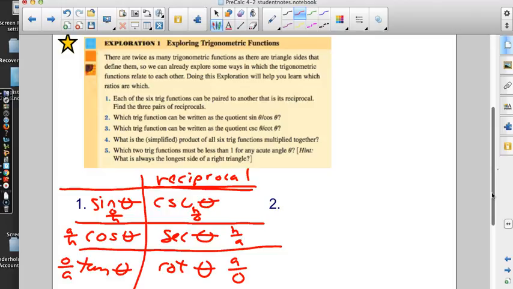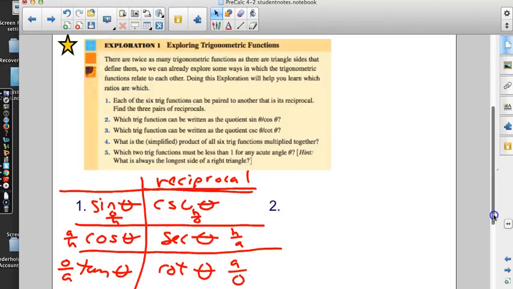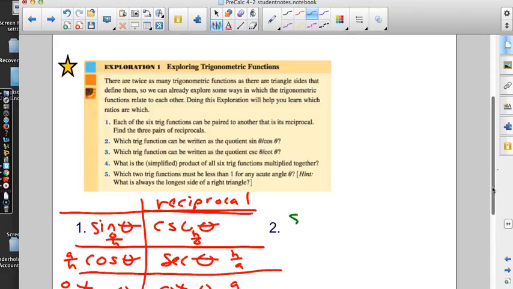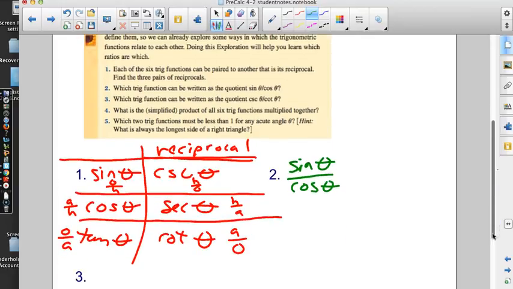Number 2 says, which trig function can be written as the quotient of sine of theta over cosine of theta? Well, that doesn't help me, because everything that's up there is opposite, hypotenuse, adjacent, all that good stuff.